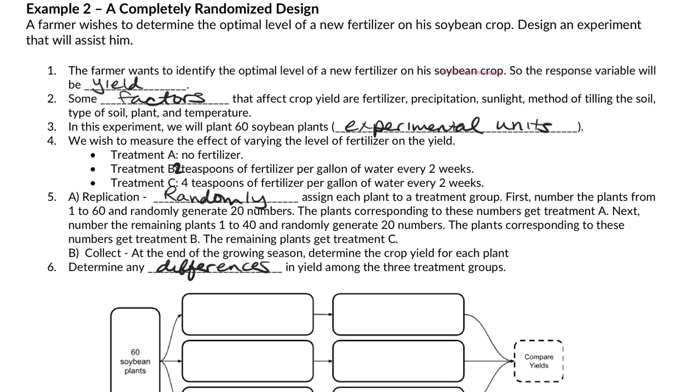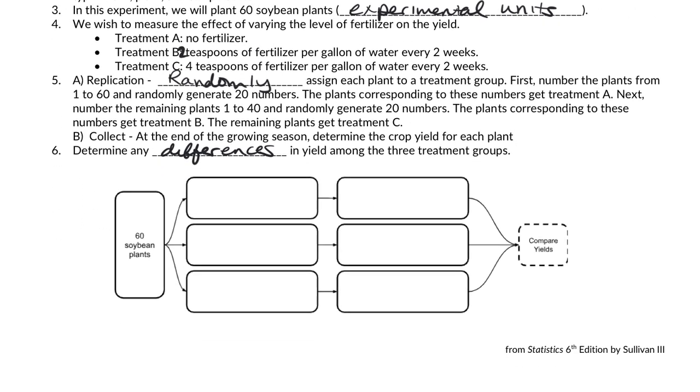So visually, what I'm going to ask you to draw for me is some sort of flow chart that represents this experiment. We start with our population. We have our 60 soybean plants, or sorry, this is our sample, 60 soybean plants. We're going to split them into 3 groups. So we have treatment group A, which is 20 random plants.